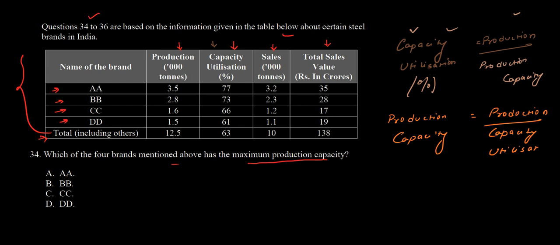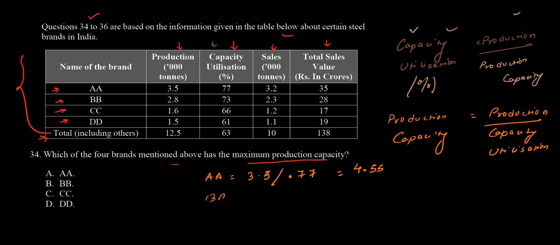Now let us find for each of the brands. For AA we have 3.5, and since this is in percentage, which is 77 and 73 and so on, we need to divide by 100, because for the exact value we need to divide the percentage by 100. So basically this will be divided by 0.77. The value after calculating comes out to be 4.55.